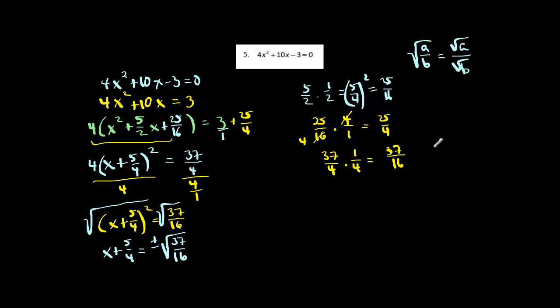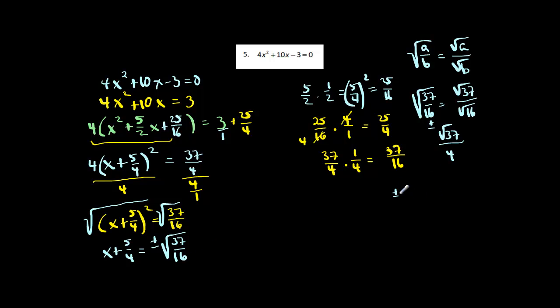So if I split up square root of 37/16, I'll get the square root of 37 over the square root of 16, which is positive or negative square root of 37 over 4, since the square root of 16 is 4.